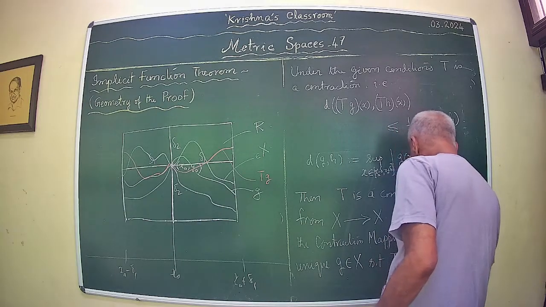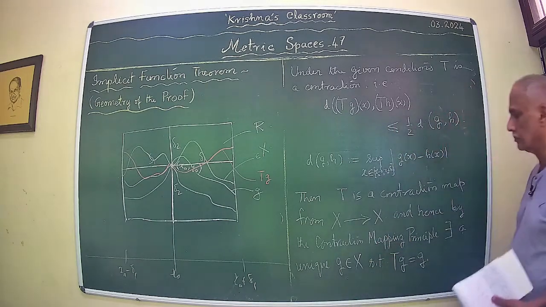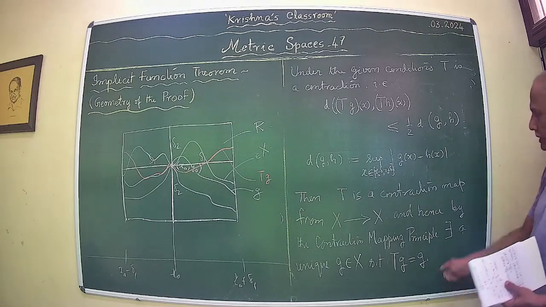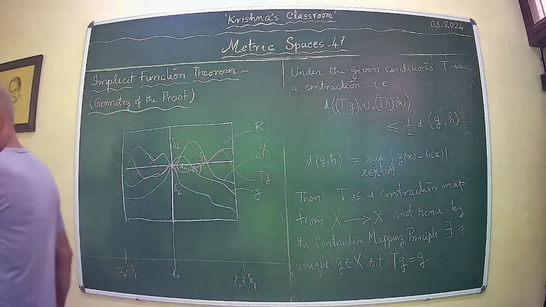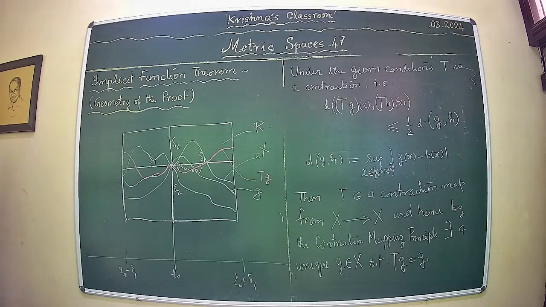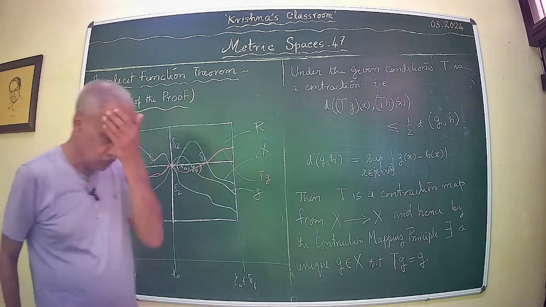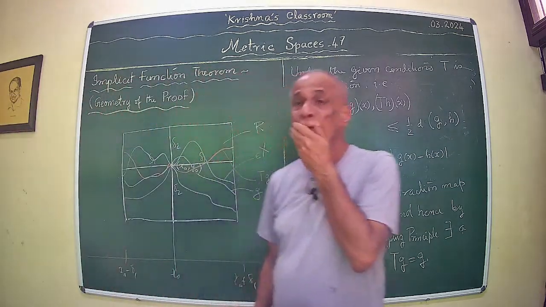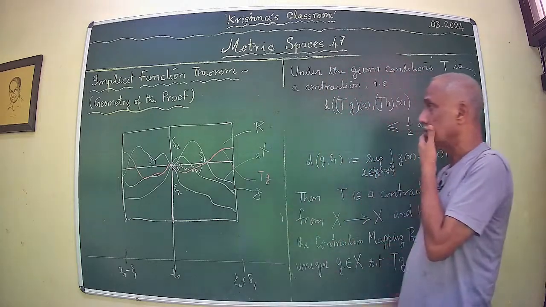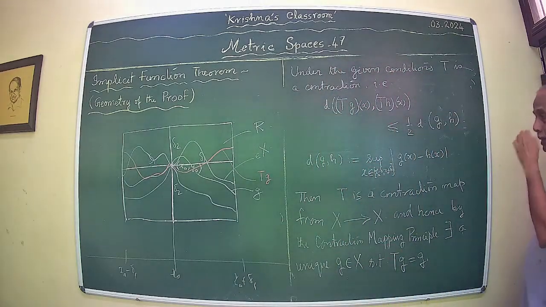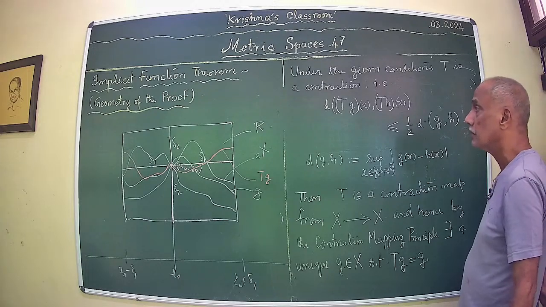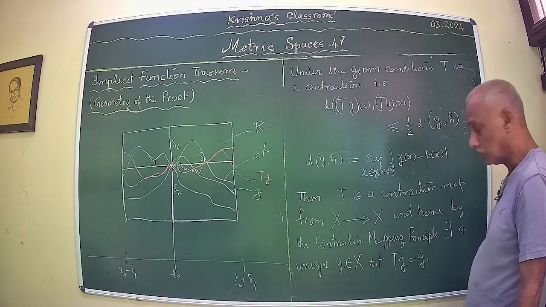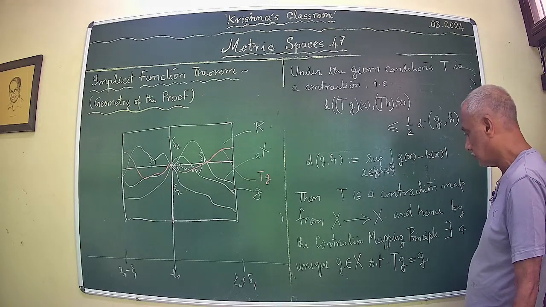Tg equals g. And then this becomes what is called the solution of this implicit function problem. Okay, right?